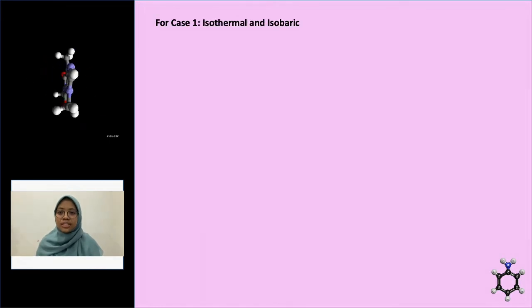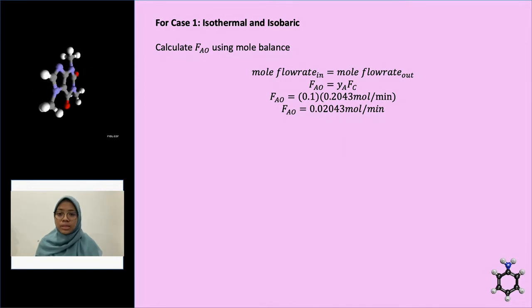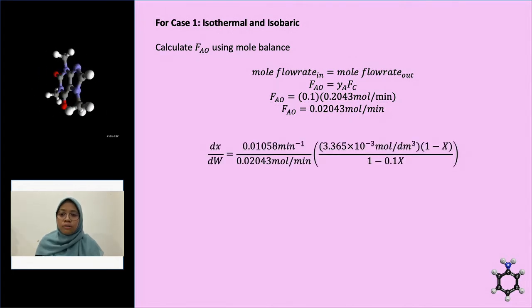For case 1, which is isothermal and isobaric, firstly we calculate the Fa0 or initial flow rate of nitrobenzene using mole balance. From it, we got Fa0 equals 0.02043 mole per min. From the combined mole balance and rate law equation, plugging in all the data from the previous calculation, we got dX/dW equals 0.01058 per min over 0.02043 mole per min times 3.365 times 10 to the power of negative 3 mol per dm cubed times (1 minus X) over (1 minus 0.1X).